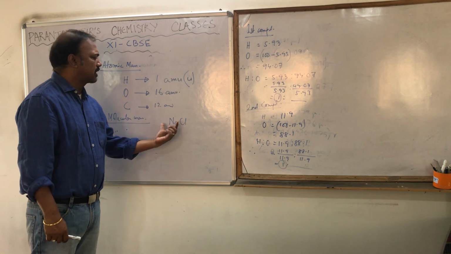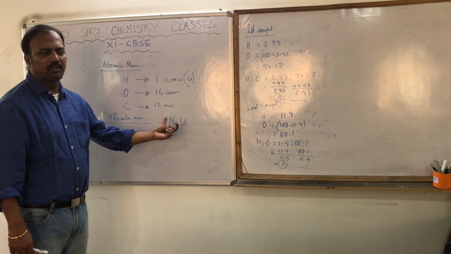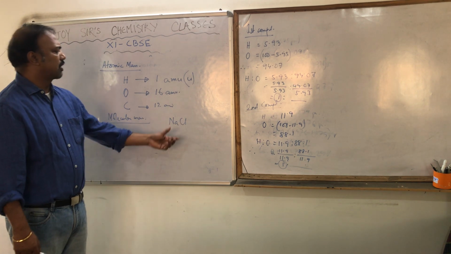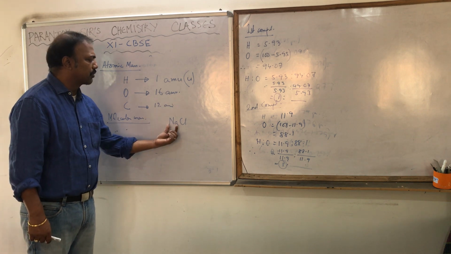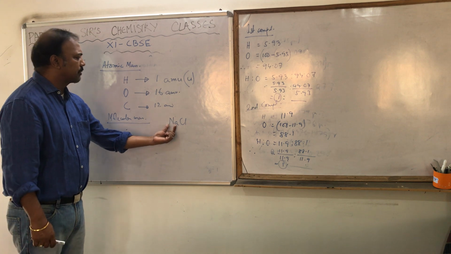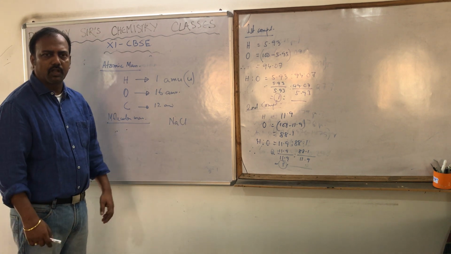So molecular mass means the mass of a molecule. The mass of sodium chloride will be the mass of the sodium atom plus the mass of the chlorine atom. So we must know the atomic mass of sodium and of chlorine, and if we just add them, we get the molecular mass.